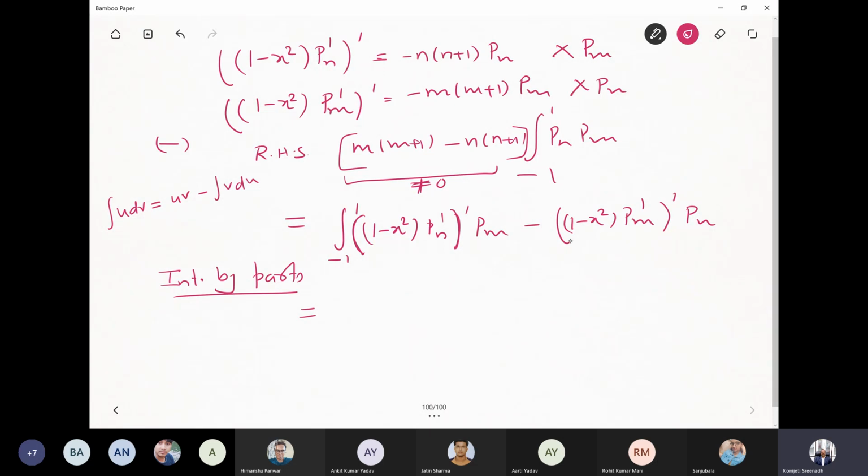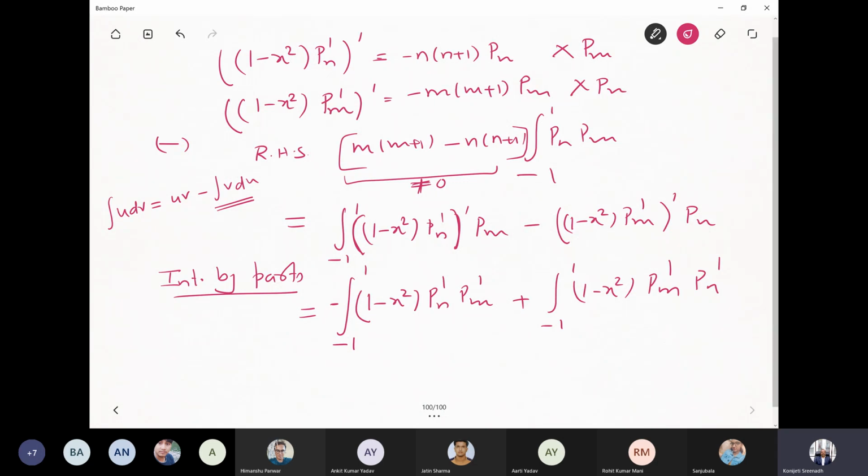So let us write this term: 1 minus x square, this is the derivative and this is v, therefore Pn prime times Pm prime. It comes maybe with a minus, but that doesn't matter, from minus 1 to 1. The same term for the second one will also be there, 1 minus x square into Pm prime into Pn prime. So these two terms are the same, so they get cancelled.